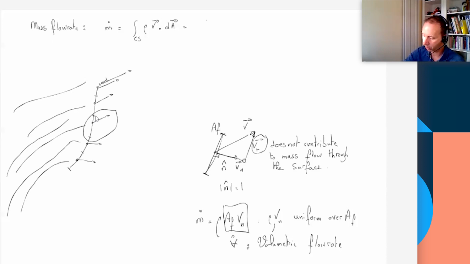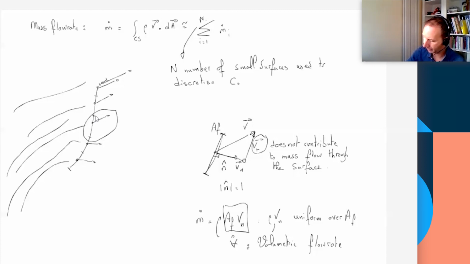So this can be approximated, or in the summation over areas, where n is the number of small surfaces used to discretize CS, where CS is this one.